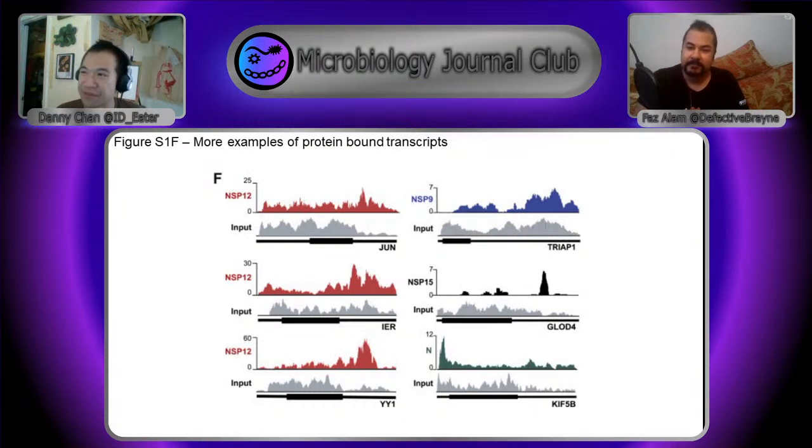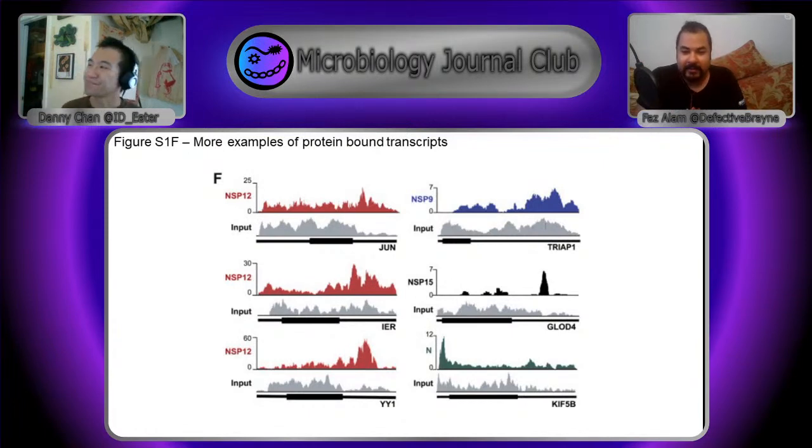And the cool thing about this approach is, just by finding the physical association between these SARS proteins and these mRNAs, now they can start inferring things like, does SARS-CoV-2 affect immune response, protein transport, protein translation, protein folding?